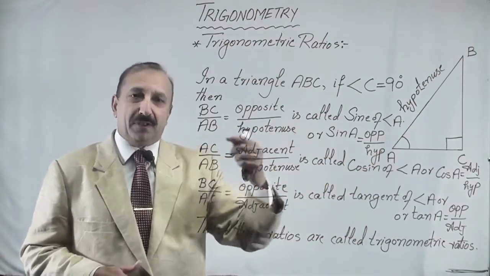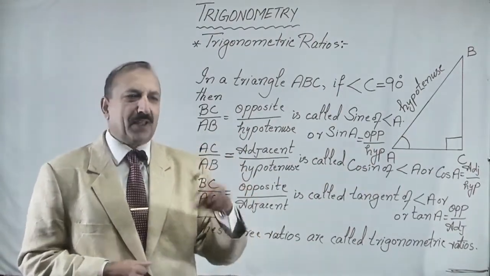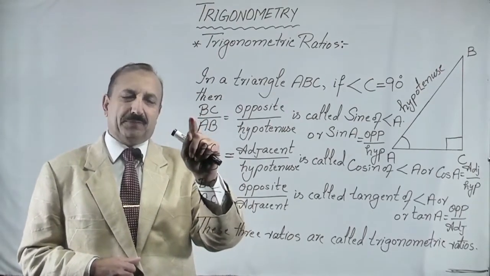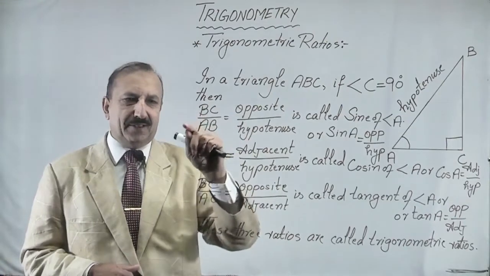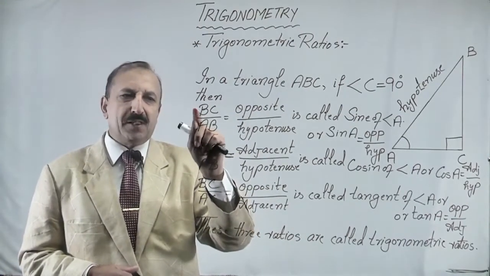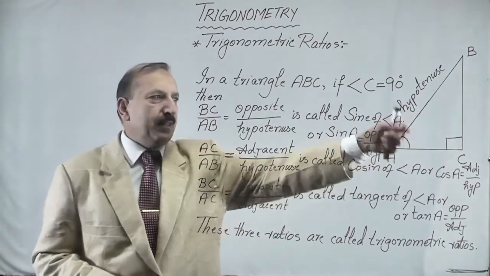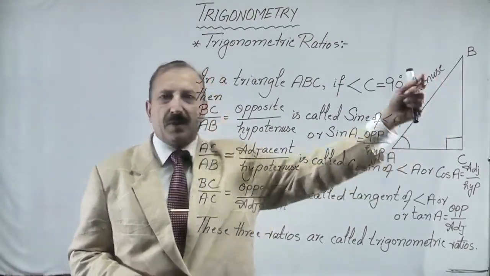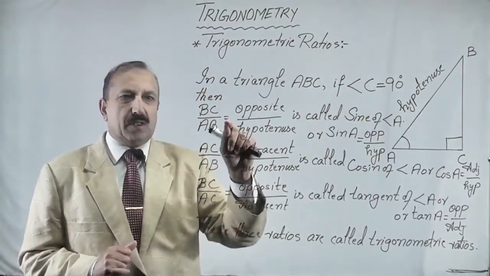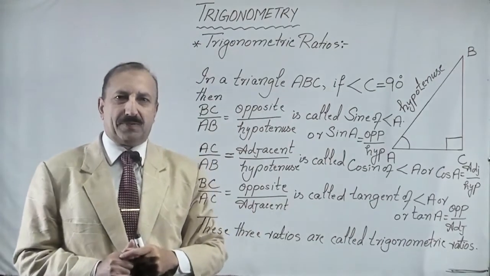Then we will label their names according to the respective ratio. Like if you look at the first one, if this is a 90 degree angle, then the ratio of BC over AB, from this right angle triangle, this BC over this AB, this ratio is called opposite over hypotenuse.